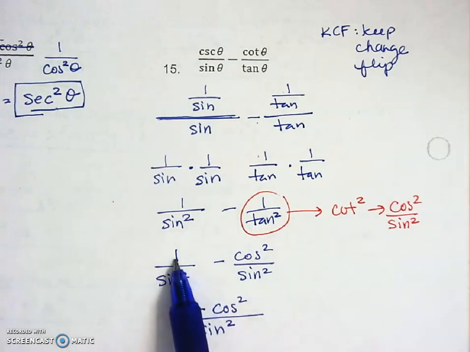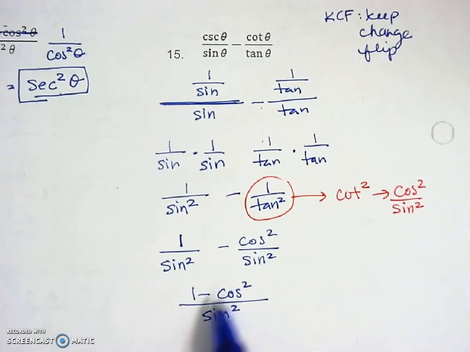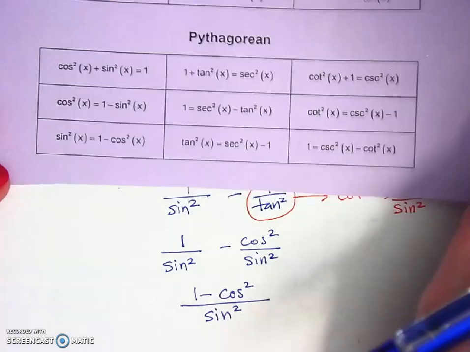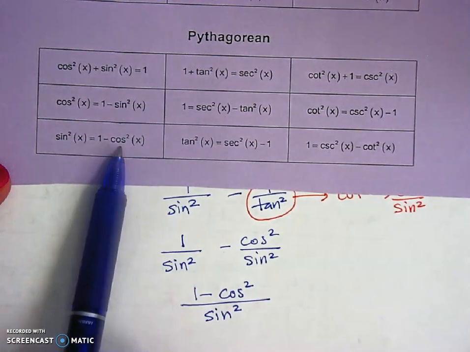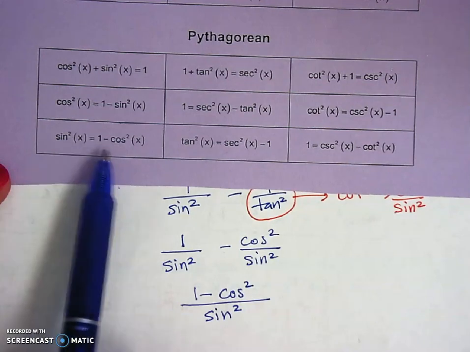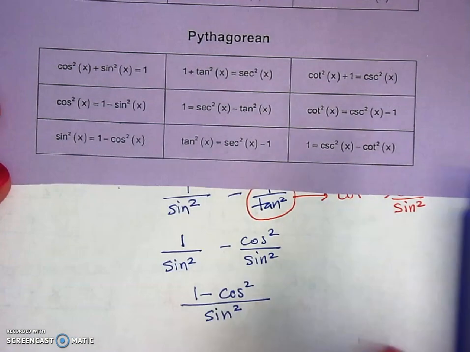So my numerators are 1 minus cosine squared. The denominator matches. And now I remember we derived or constructed on the front that 1 minus cosine squared is equal to sine squared. So this right side is equal to this left side, so I can replace them with each other.